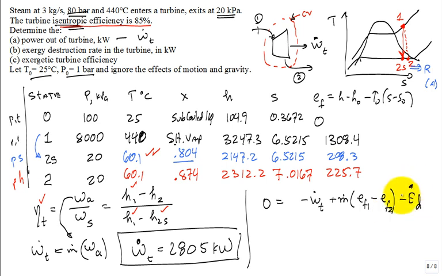Did I write that exergy balance equation correct, or did I make an error in that? Did I leave out any terms? Looks okay. So the exergy destruction rate is equal to the mass flow rate times EF1 minus EF2 minus W dot T.